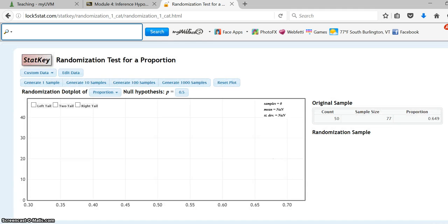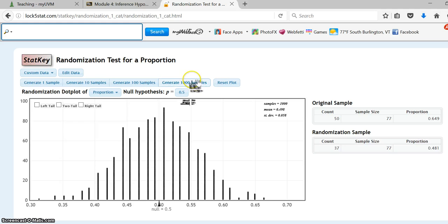We can see that our original sample shows over here. It reflects that proportion is the same as the one we calculated from our data before. To check and make sure my null hypothesis is the same as in my hypotheses, and here it is, it's 0.5, so that's perfect. And now I can generate samples. So I'm going to generate 5,000 samples in my randomization distribution.